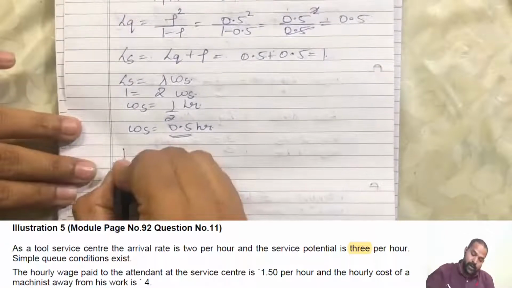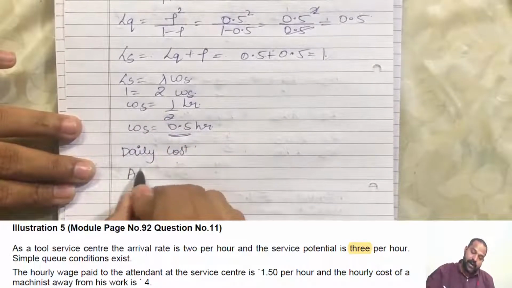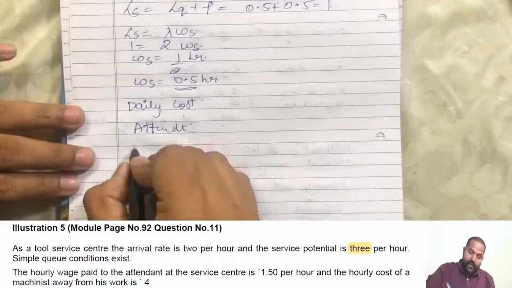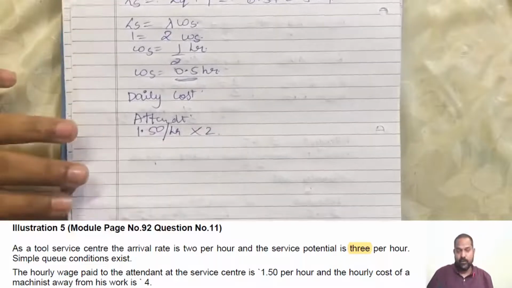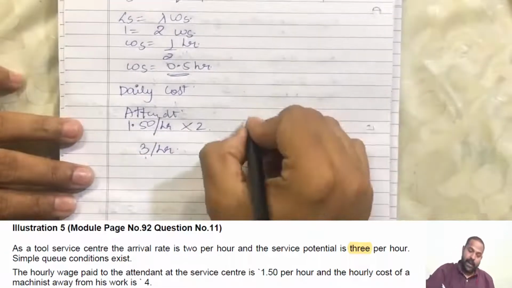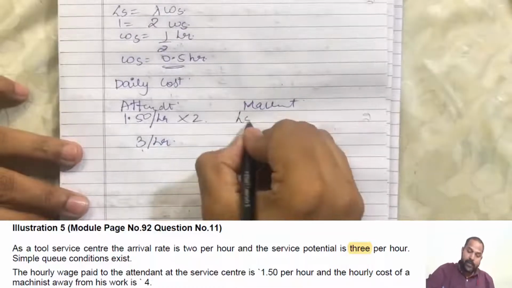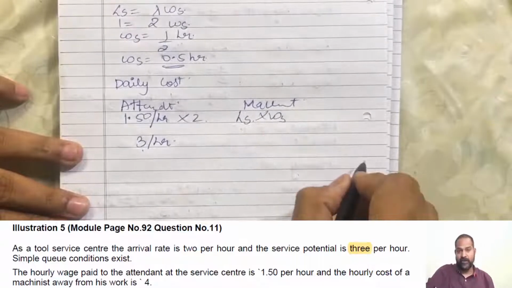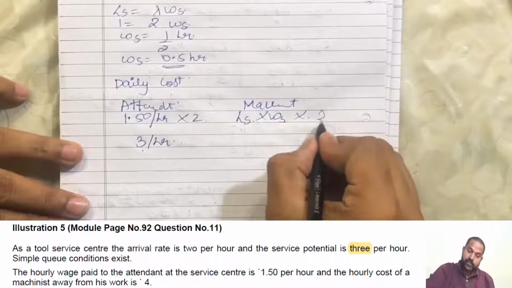Let's come to daily cost. Attendant. Now attendant will be 1.50 per hour, but there are 2 attendants now, which means I am paying 3 per hour for attendant. And for the machinist, how many people are stuck in the system, for how long are they stuck on an average, and what is their cost, which is 4 rupees.